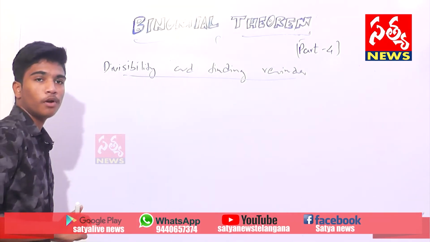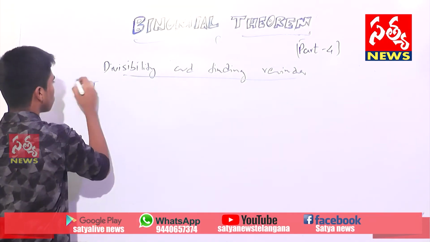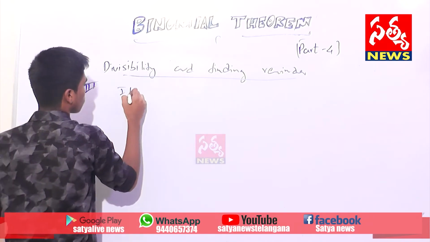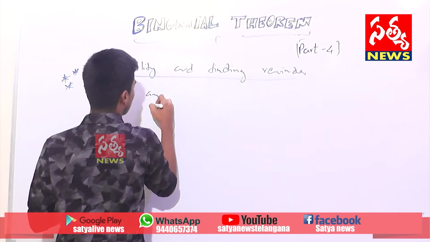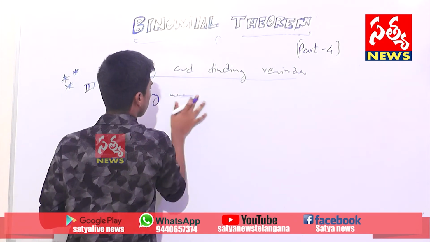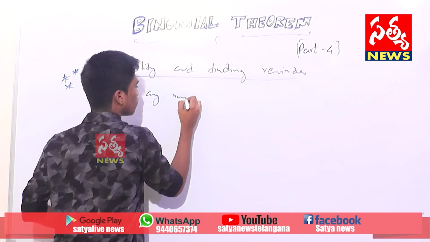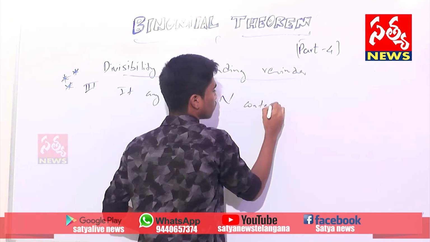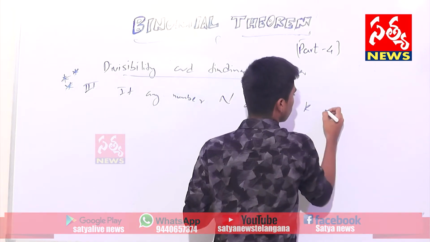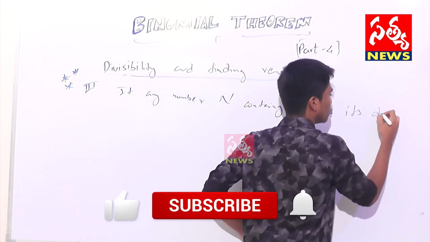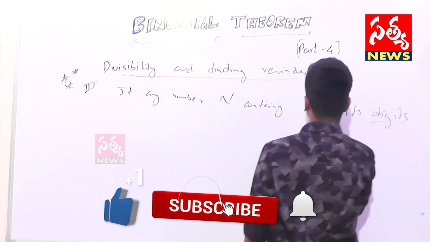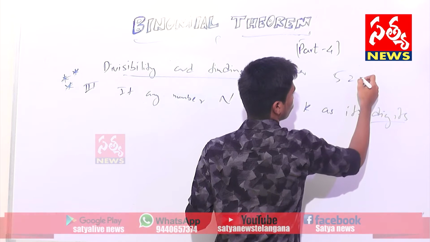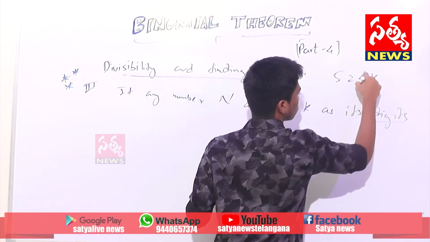The next is the third point, which is very important. If any number n contains k as its units digit, where k is a random value, let's take an example, 524k.